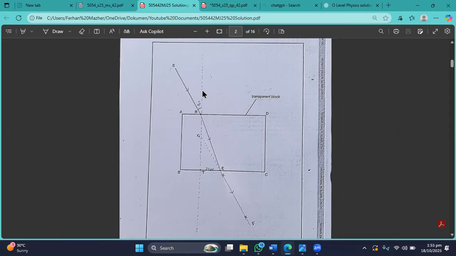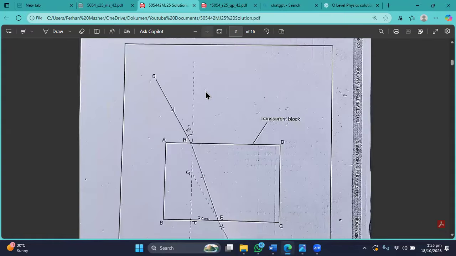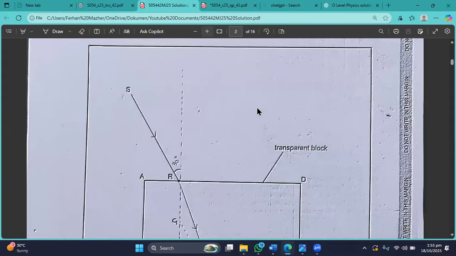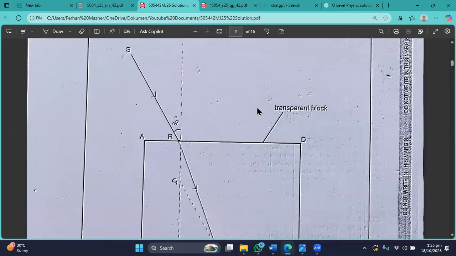We have measured it, and it is approximately 30 degrees.